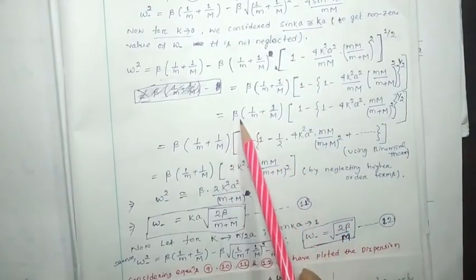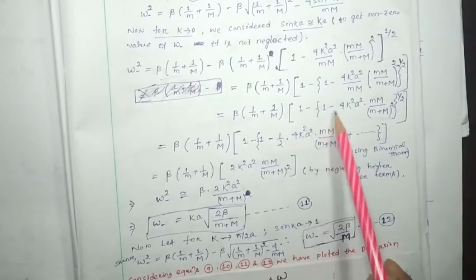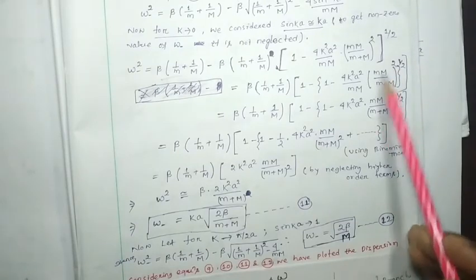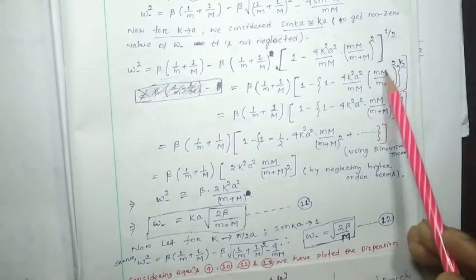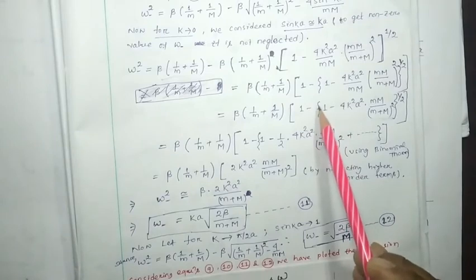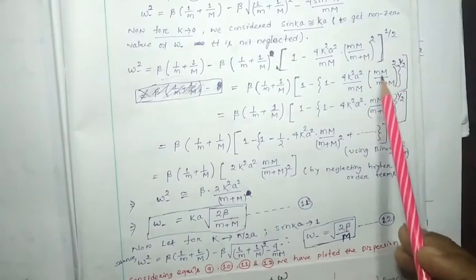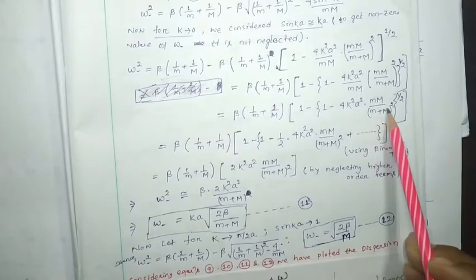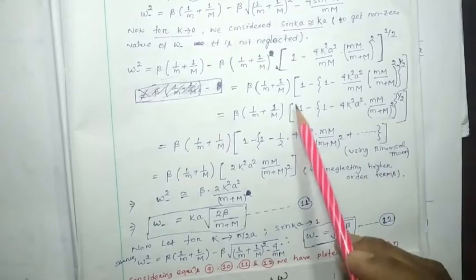is equal to beta into 1 by m plus 1 by M, and this is written as, here you can see this is m into M square, here one m into M in the denominator, so it can be cancelled out, so it can be written as 1 minus, curly bracket, 1 minus 4 k square a square into mM divided by m plus M square, to the power 1 by 2, then square bracket.